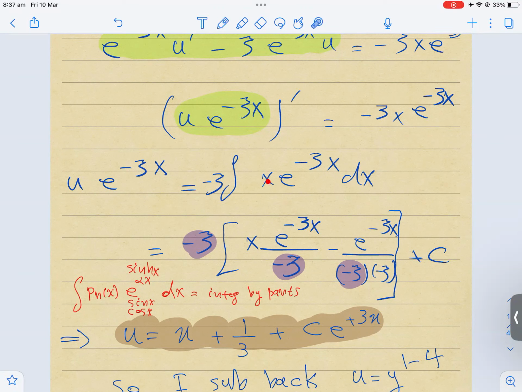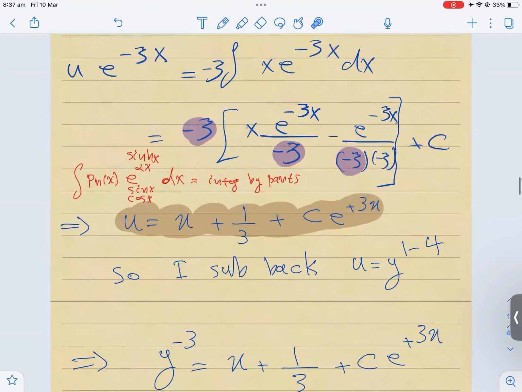If it's x to the power 1, you will use integration by parts just one time. If it is x to the power 2, you have to use integration by parts twice.